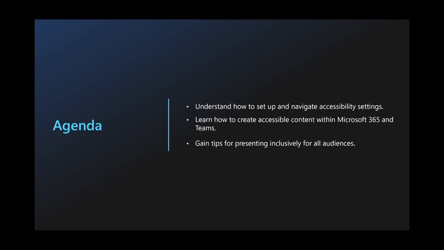How we can also ensure that any content we're creating in those applications is accessible to our audience. And finally, we'll wrap it up with some tips around presenting to help you be inclusive for any audience, and around inside of Microsoft Teams, some of those accessibility pieces as well.